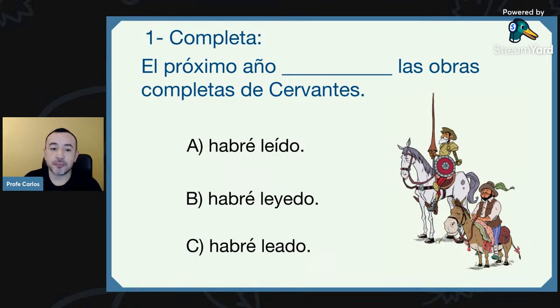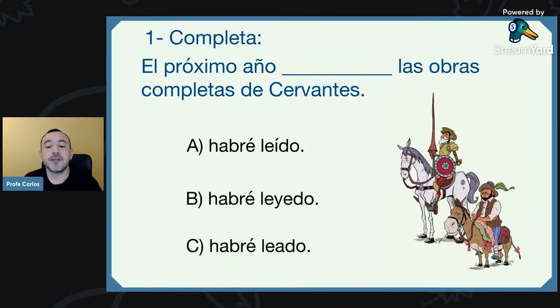So we have 3 options. A, el próximo año habré leído las obras completas de Cervantes. B, el próximo año habré leído las obras completas de Cervantes. Or C, el próximo año habré leído las obras completas de Cervantes.